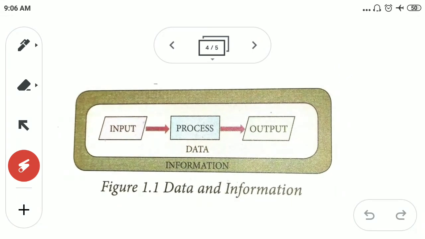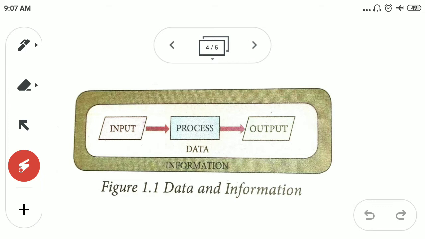You give input to the system, and the CPU processes it and produces the output. So this is known as the IPO cycle. I comes from input, P comes from process, and O comes from output. It will keep on doing the same thing again and again until the required output is received.